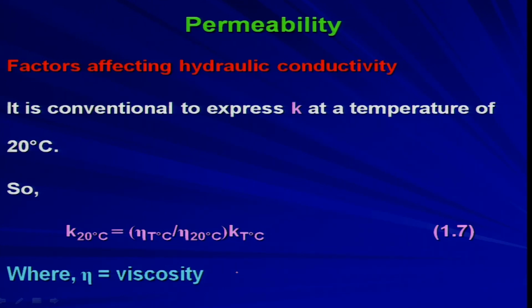So, if this K at 20 degrees centigrade is provided in the literature, then for eta at 20 degrees centigrade, if you are dealing with water as the pore fluid, you need to find out the viscosity of water at 20 degrees centigrade. Then, for whatever temperature at which you wish to find the coefficient of permeability, you need to obtain the viscosity at that temperature.